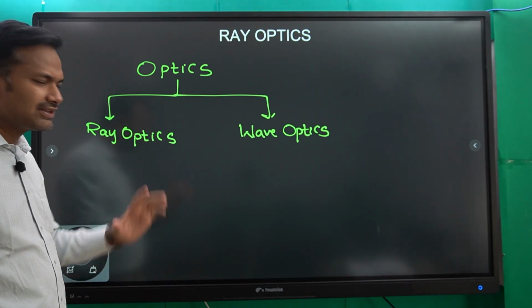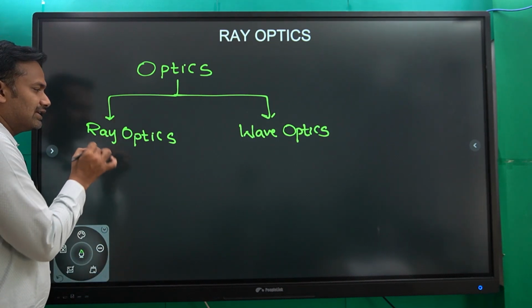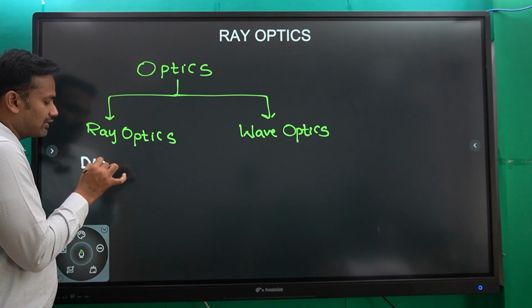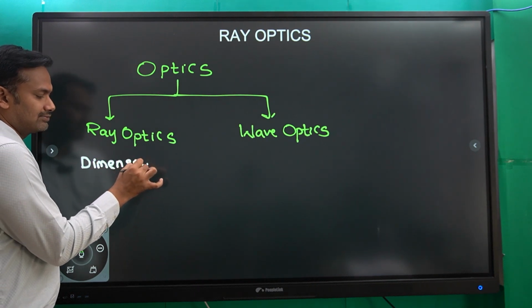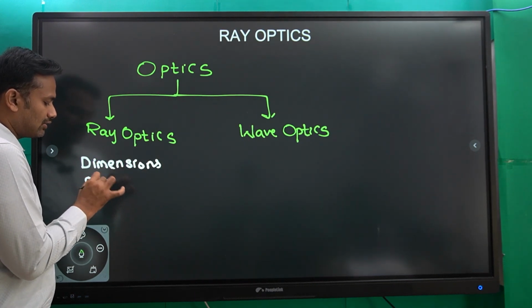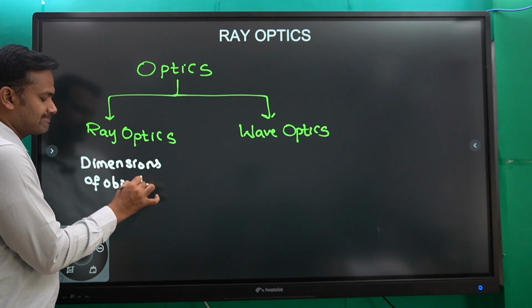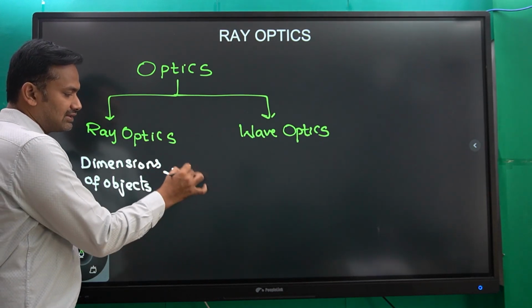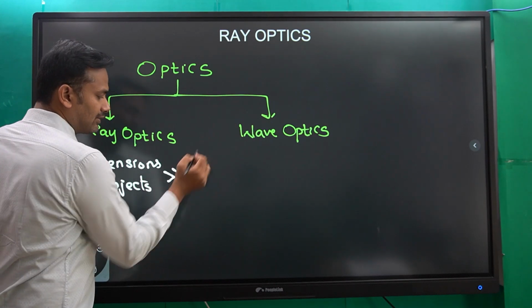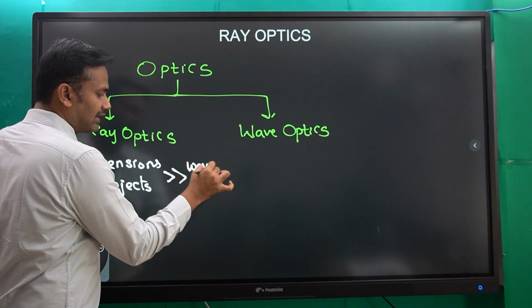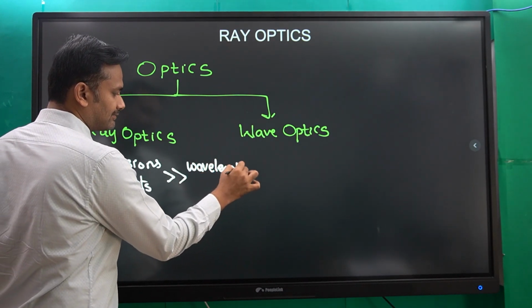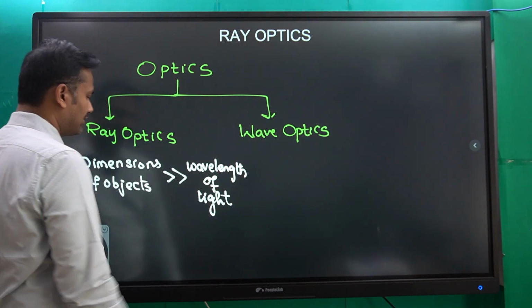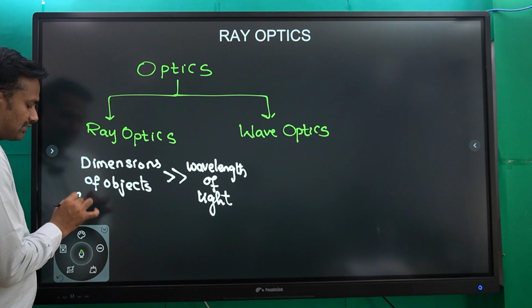Basically, what is the difference between these two? In ray optics, the dimensions of the objects are very much larger than the wavelength of light. What are the objects we are talking about?